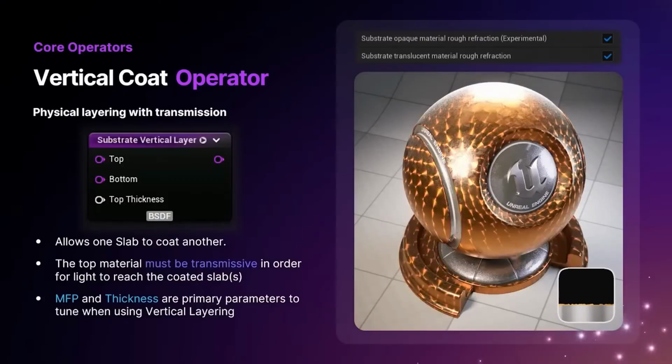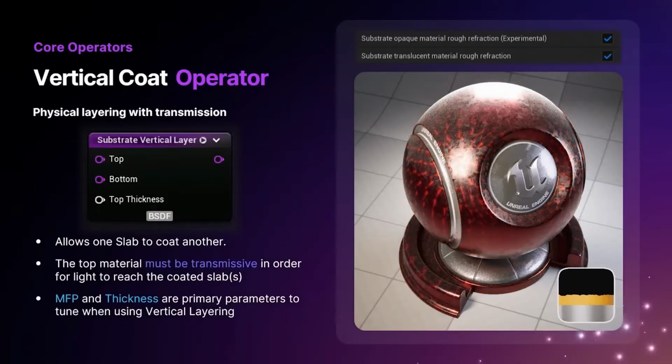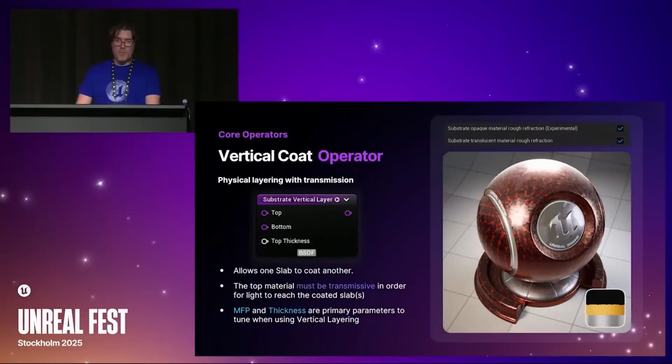One important detail: for light to reach the lower slab, the top material must be transmissive. In practice, this means it needs a non-zero mean-free path. If the MFP is undefined or zero, the top layer is considered opaque and the base slab will not be evaluated.